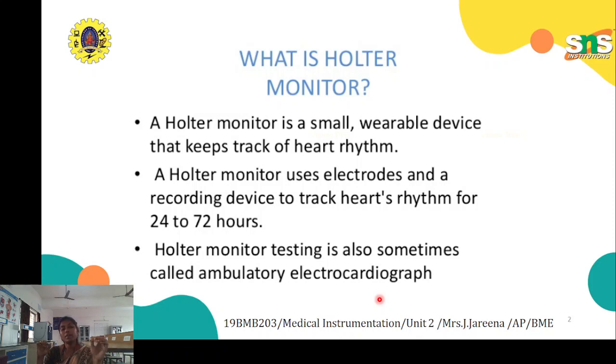So when can the Holter monitor be used? There are cases where people have unexpected heart problems, and in such cases an ECG may not have detailed information. So the doctors will suggest a Holter monitor to continuously record our heart rate, for example 24/7. We monitor our heart rate without disturbing daily activities, and people don't feel any discomfort since it is a very small device.